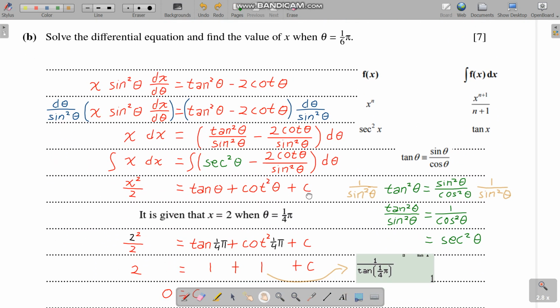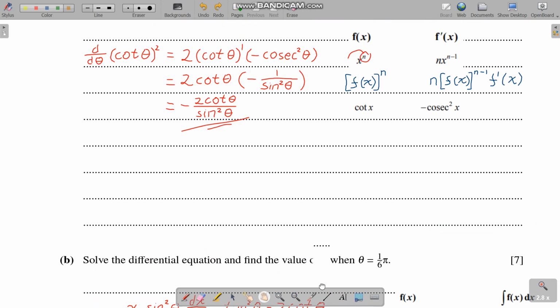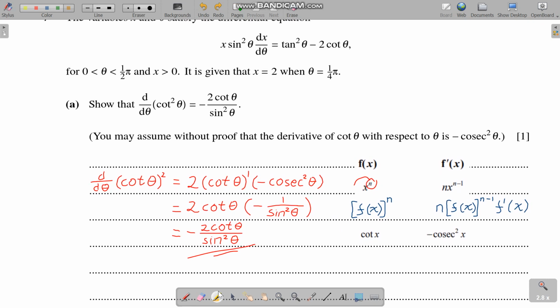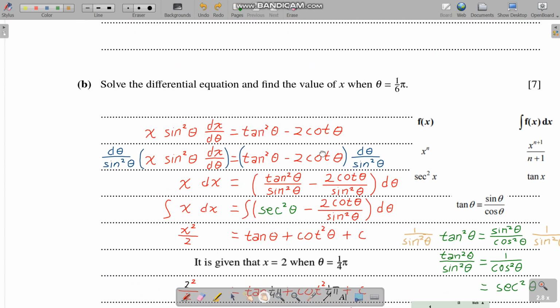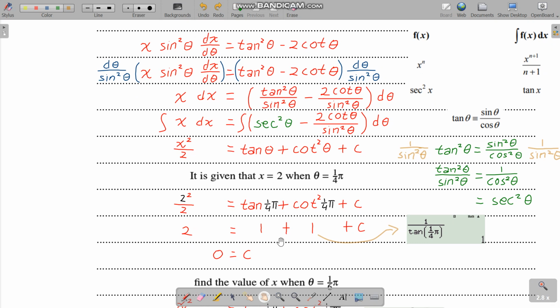Part B, solve the differential equation. So the differential equation is x sine squared theta dx d theta equals tangent squared theta minus 2 cotangent theta. So the first step is to separate the variables, so we make everything with x on one side, everything with theta on the other side.